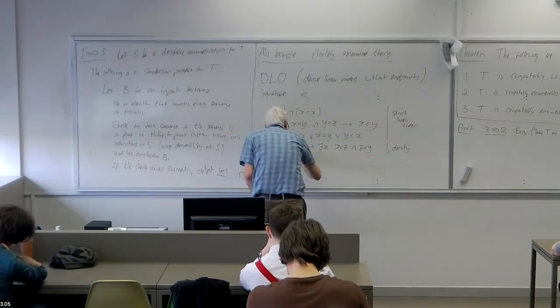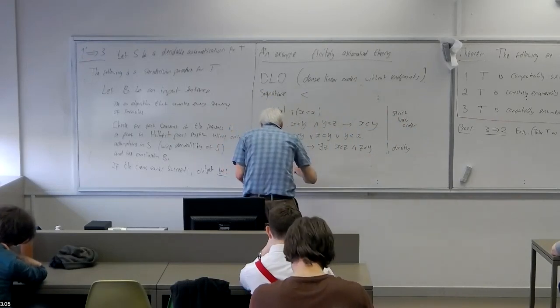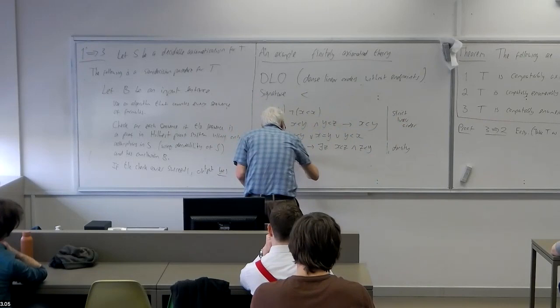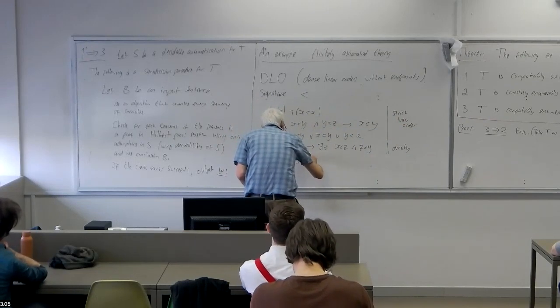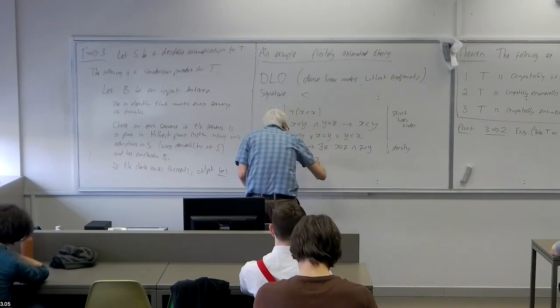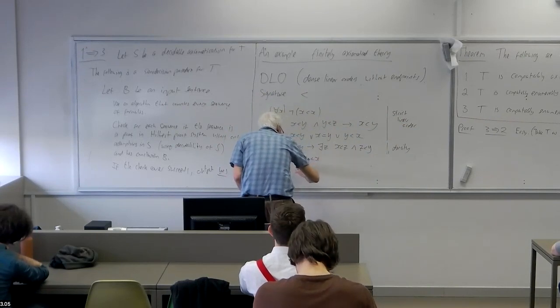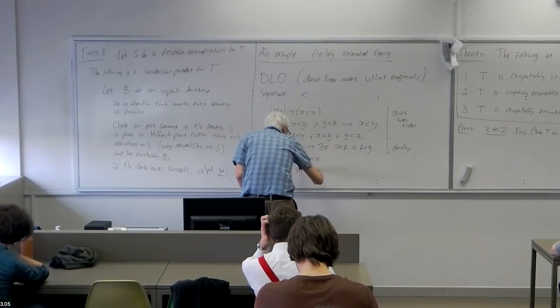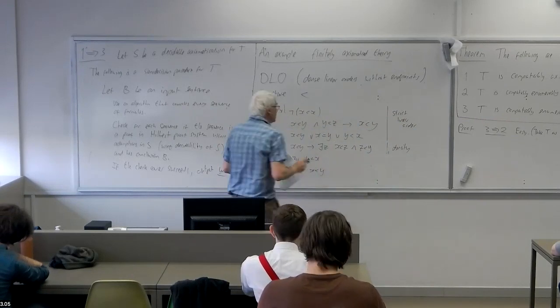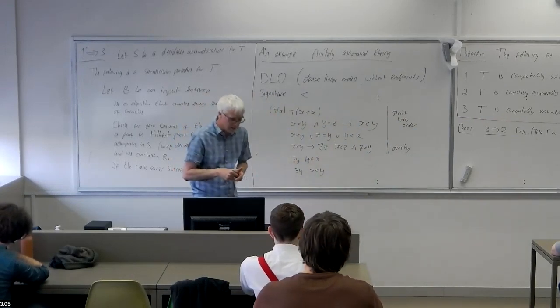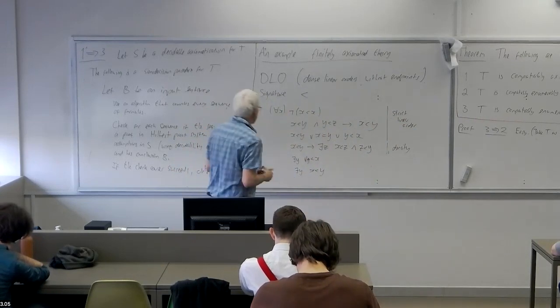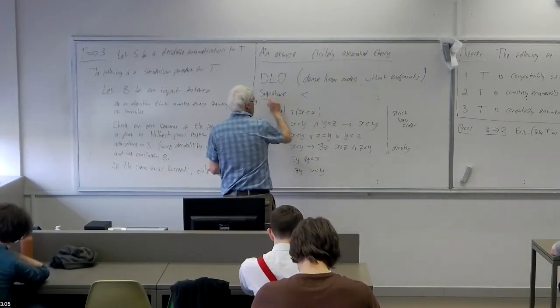And the no endpoints axioms say there's no least element and no greatest element. To say there's no least element: for any x, there exists a y such that y is less than x. And to say there's no greatest element: for any x, there exists a y such that x is less than y. So, six easy axioms.